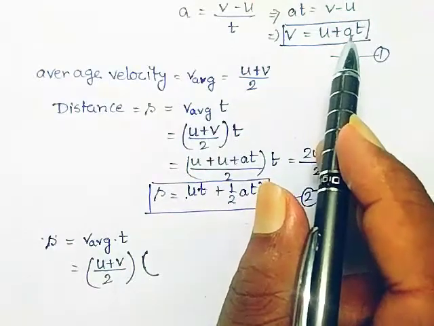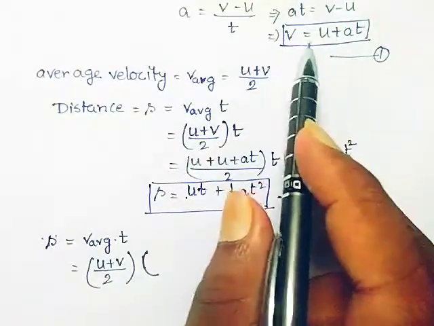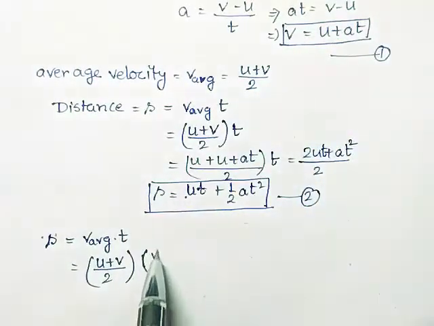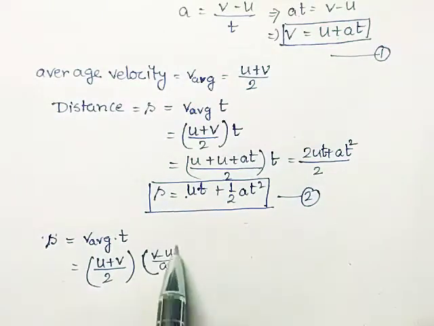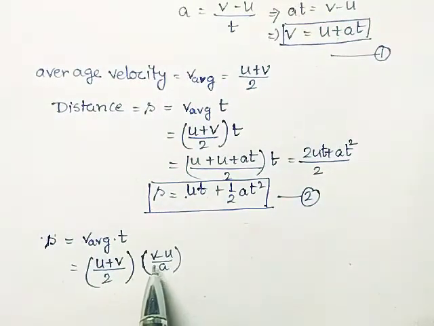From that, the value of t will be (v − u)/a. Here I have taken v − u because v is obviously greater.